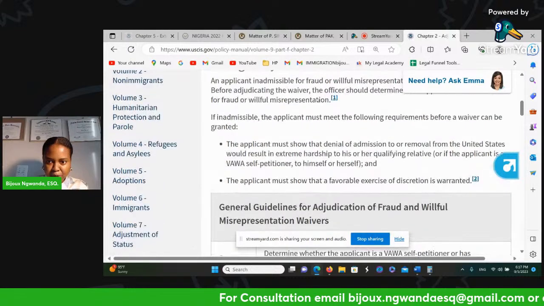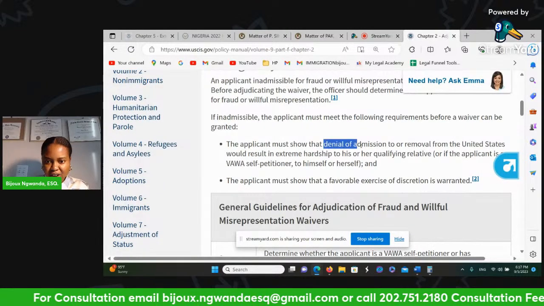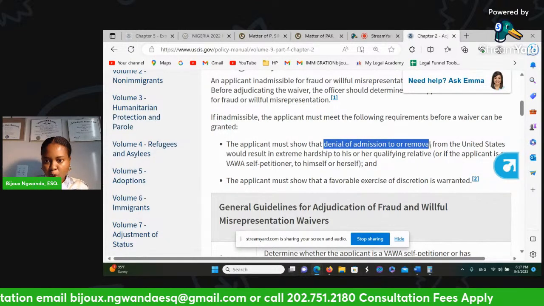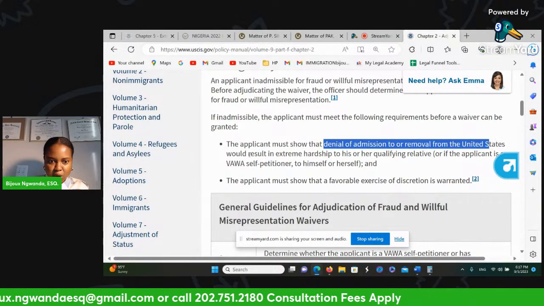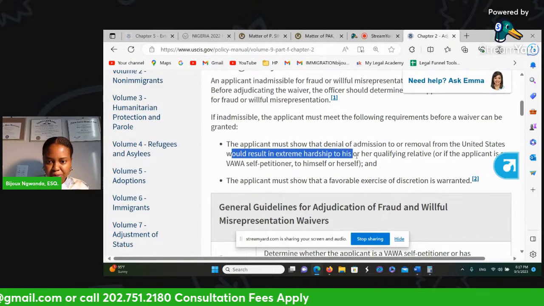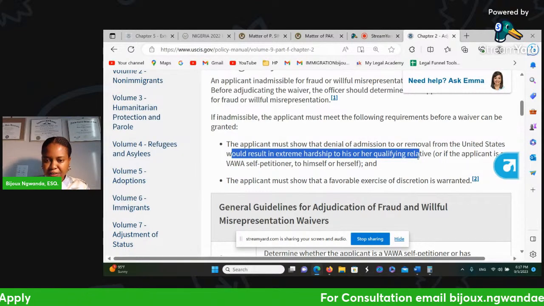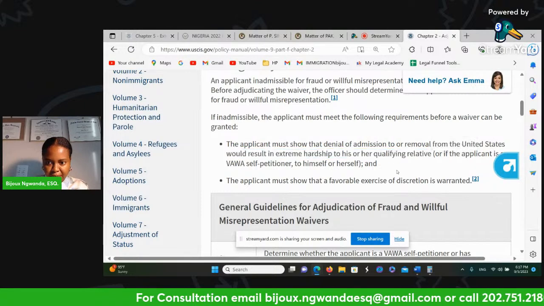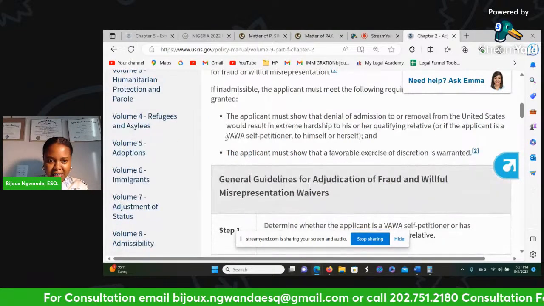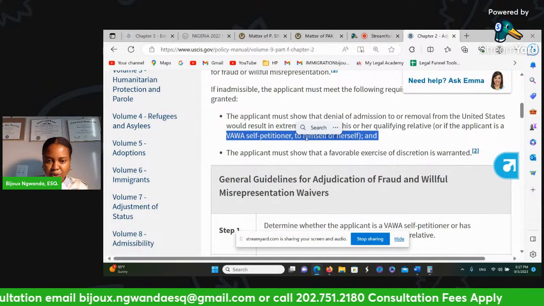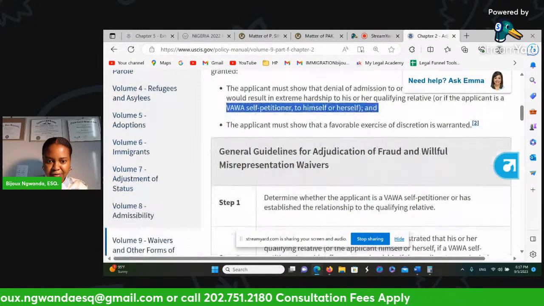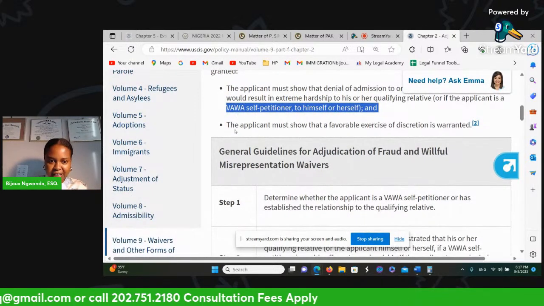You must be able to show that the denial of admission or removal from the United States will result in extreme hardship to the qualifying relative. In that case, the qualifying relative is the spouse or the parent who is a lawful permanent resident or U.S. citizen, okay? And if you are a VAWA self-petitioner, then you can show extreme hardship to yourself.